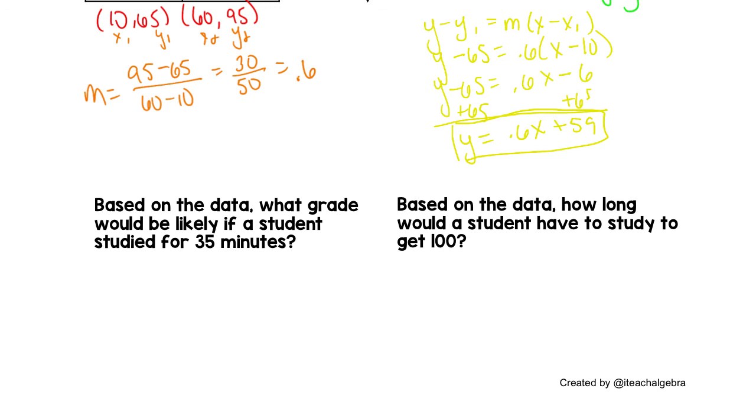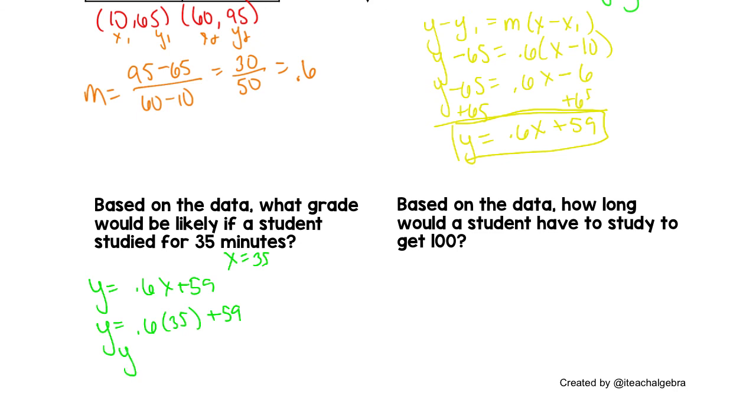Based on the data, which grade would be likely if a student studied for 35 minutes? Well, 35 minutes is an x value. All we need to do is take our equation, 0.6x plus 59, and plug in 35 for x. So we have y equals 0.6 times 35 plus 59.